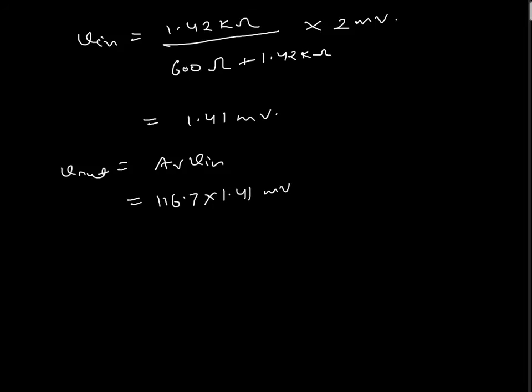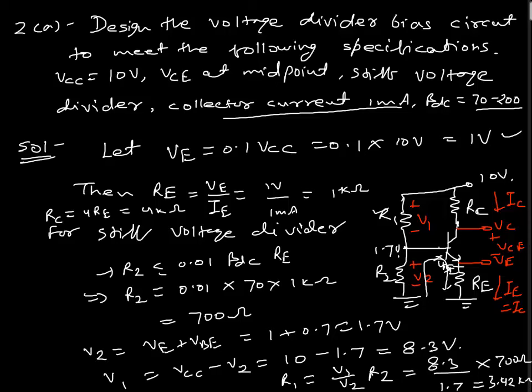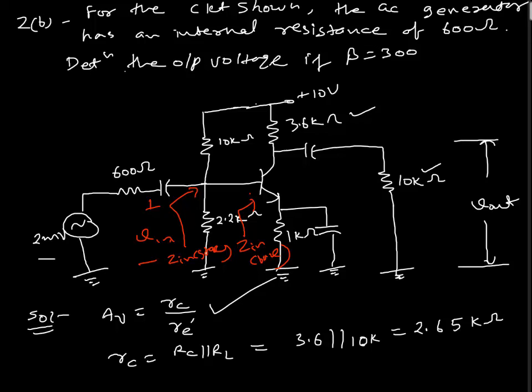If you multiply 116.7 into 1.41, we are going to get 164.55 millivolt, which is the value of the output voltage. Okay, so this is how we'll do this problem. This is a simple problem, and please verify the calculations again.